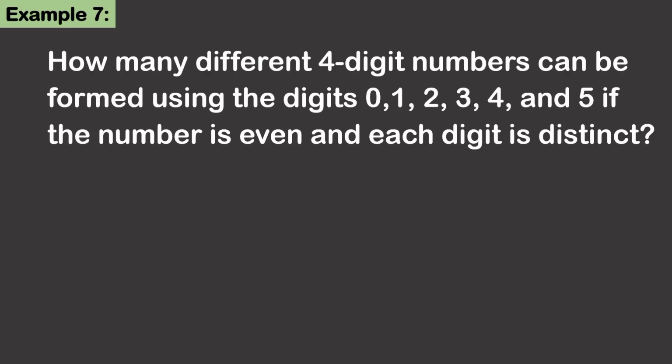Example 7. How many different 4-digit numbers can be formed using the digits 0, 1, 2, 3, 4, and 5 if the number is even and each digit is distinct? 4-digit numbers, 4 places.